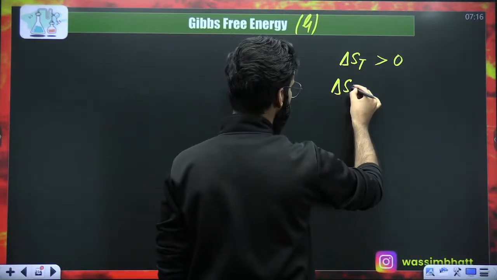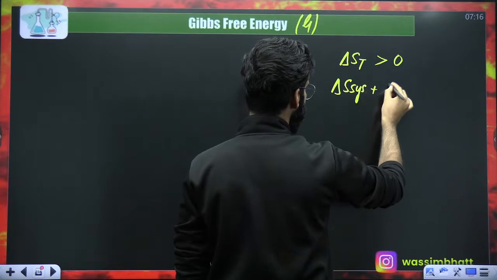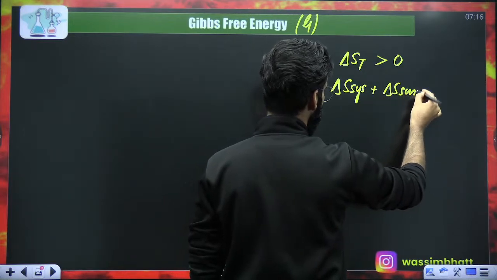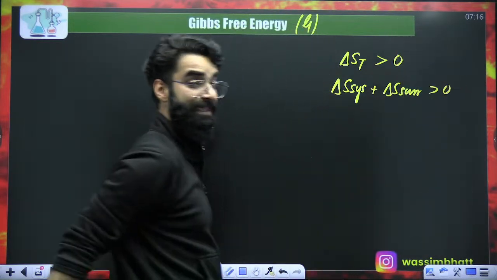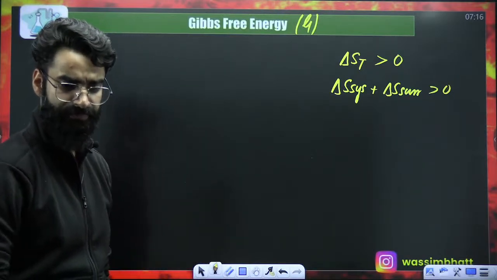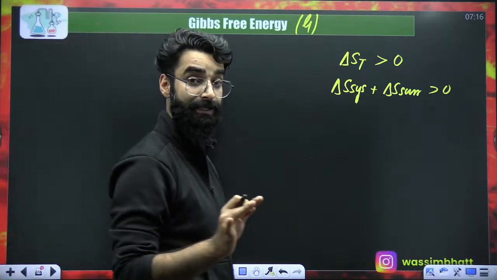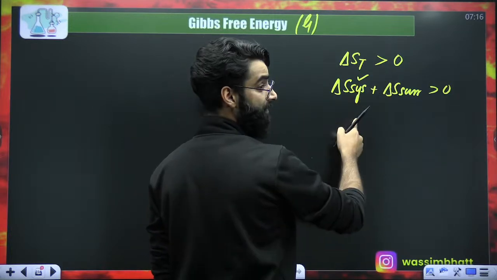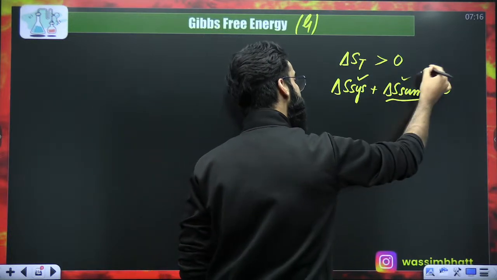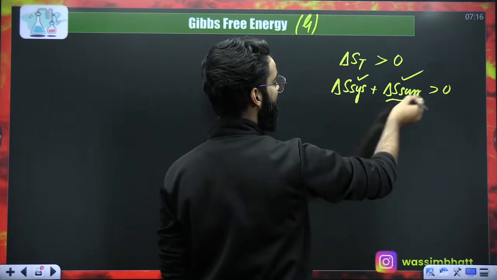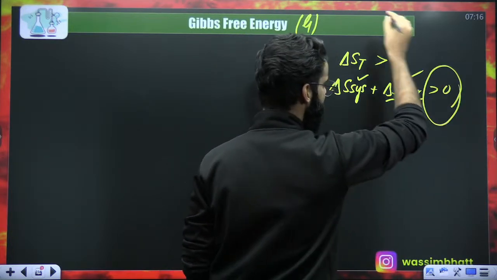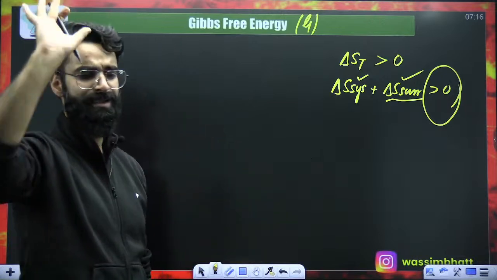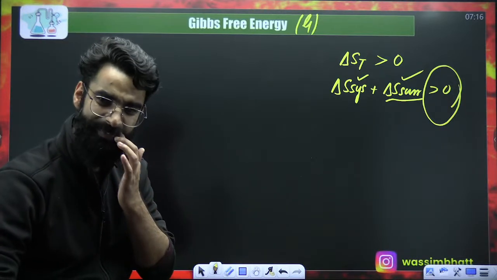It's delta S system plus delta S surroundings. This has to be greater than 0, then only I can say the process is spontaneous, right? If entropy is the criterion for spontaneity, then we have to calculate delta S system first, then delta S surroundings, and then add them. If the sum comes out greater than 0, then only we can say the process is spontaneous.